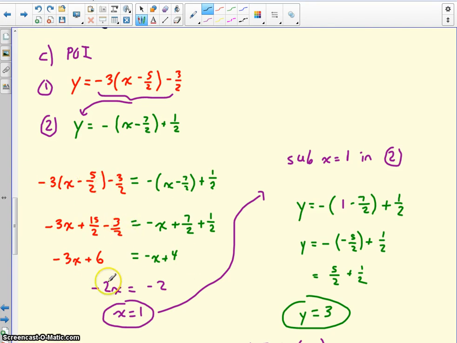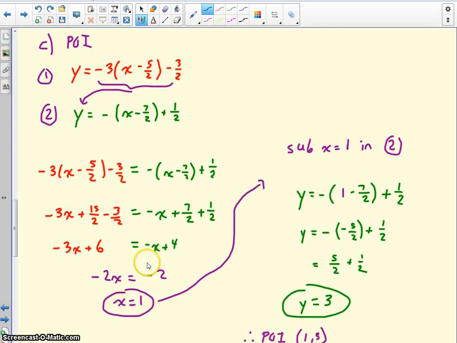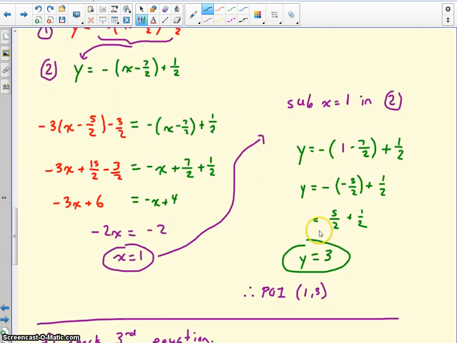When I expanded through, I wound up with negative 3x plus 6 equals negative x plus 4. When I collected all my x's on one side and all my constants on the other side, I got x equals 1. Once I have x, I use one of the original equations to solve for y. I chose equation 2, but equation 1 would have worked as well. Putting x equals 1 into that equation and solving for y, I get y equals 3, which gives me a point of intersection of 1, 3.